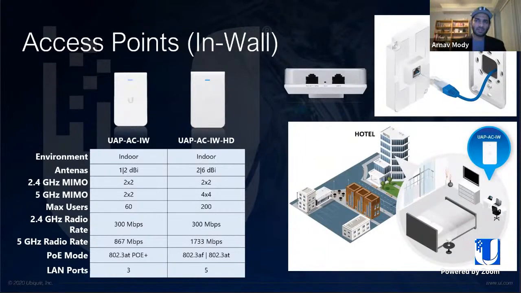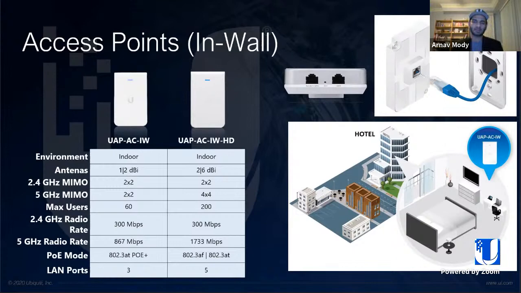And I think someone mentioned in the chat as well, we do have something called the in-wall access point. The in-wall access point is built for situations where you don't want to ceiling mount it. Maybe it's a hotel room, maybe you want it to look nice, and you want it to be discreet. You don't want it in public vision and you want it to be hidden somewhere. You can always get these in-wall access points.